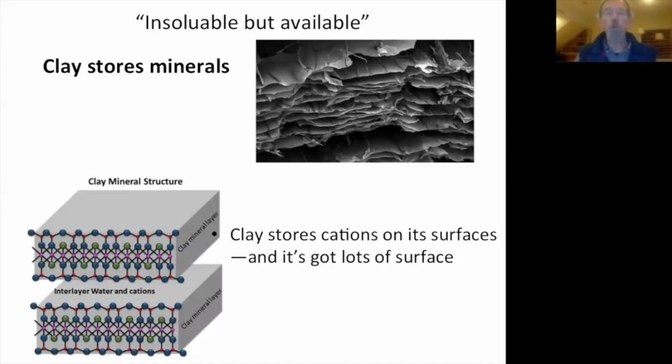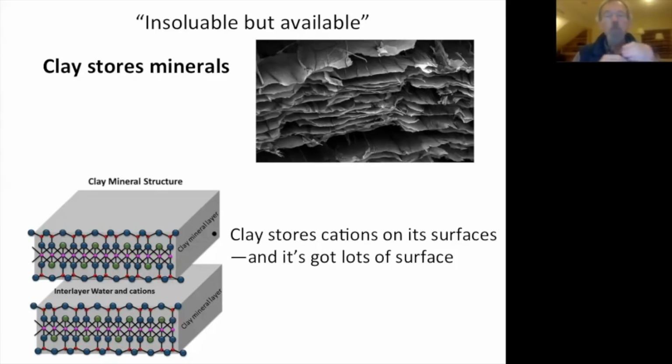So here's how it works with clays, like the photograph up there on the right, an electron micrograph of clay that's blown up really big. And you can see it's all these thin little sheets. And this is blown up many thousands of times. So it's stacks of these little sheets that all have a huge amount of surface area on them. In the lower left is a schematic drawing of each one of those little sheets, or a couple of those little sheets.